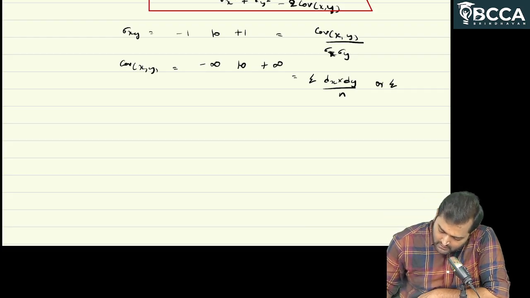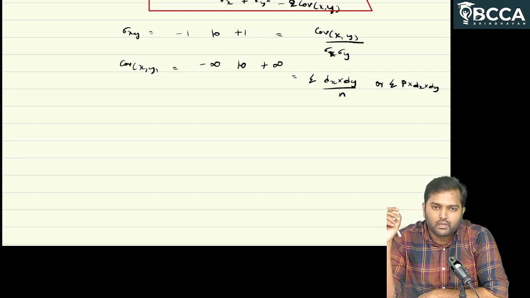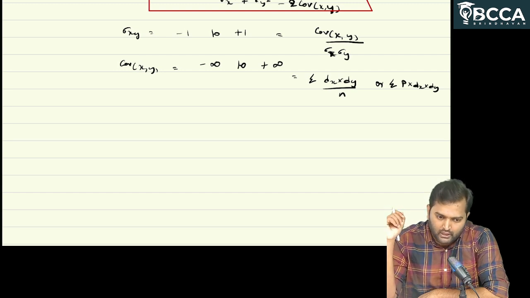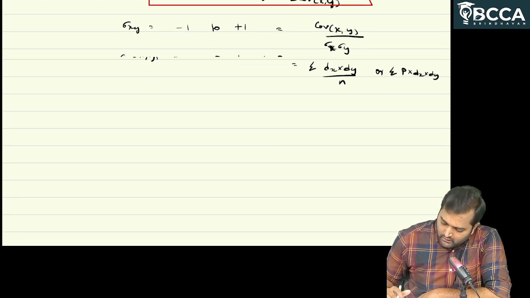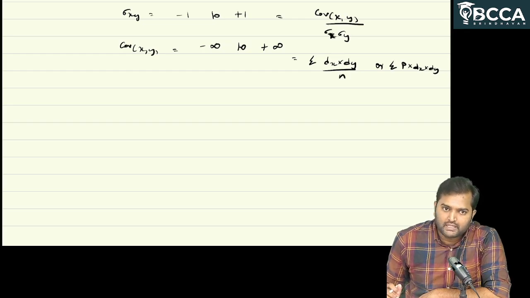Or summation sigma p into dx into dy, probability into x minus x bar into y minus y bar. Okay. But here, we have to learn what are the columns to be taken for finding out covariance of x comma y.